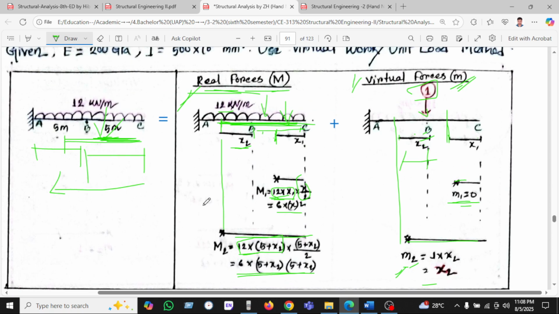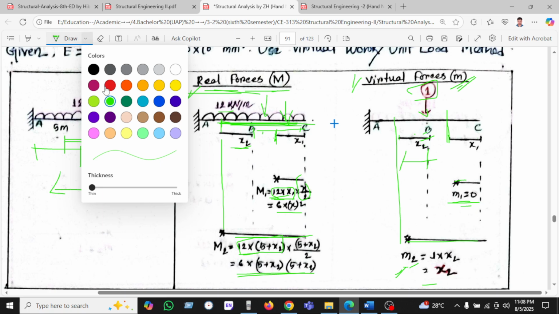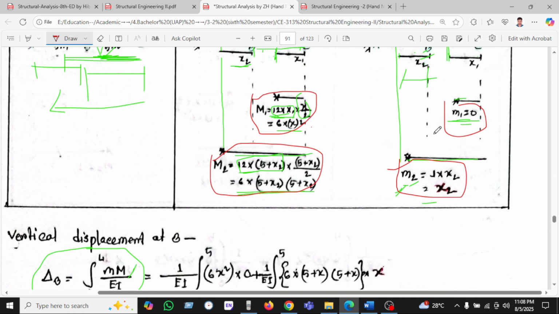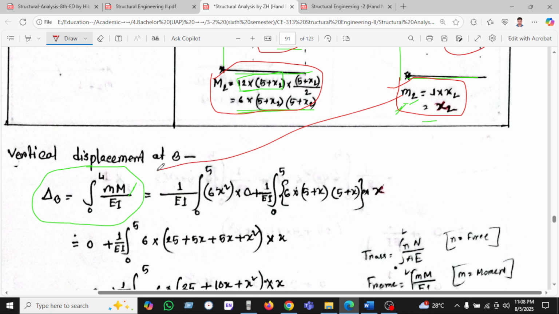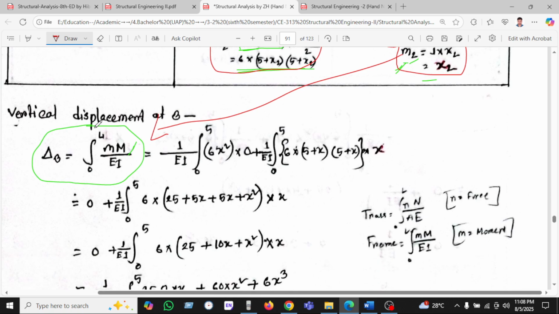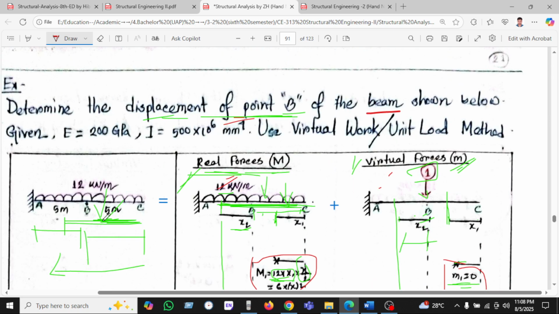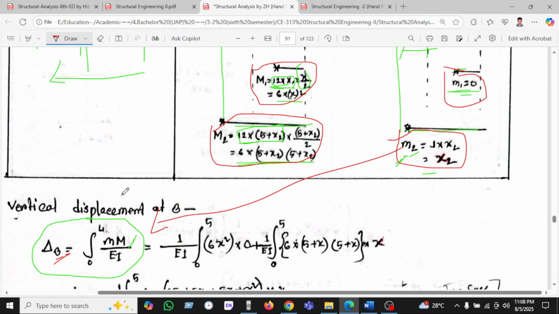Okay, so we have got four values: the bigger M1 for the real truss, the small m1 for the virtual one, then the bigger or block letter M2, and the small letter m2. Now we are putting all these values into this equation. We need the displacement at point B, the middle of the cantilever.